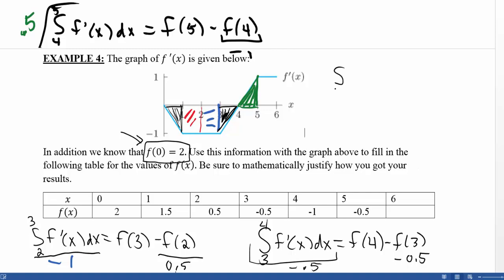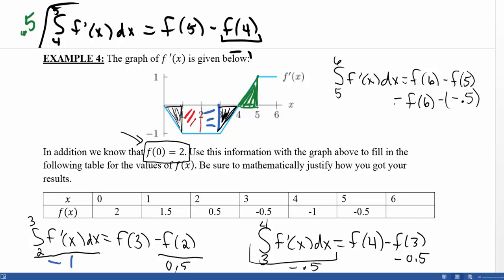So finally, last but not least, we need to find f of 6. So we can do the integral from 5 to 6 of f prime of x dx equals f of 6 minus f of 5. So f of 5 we know is -0.5. So here, let's do this one all the way out so you can see where the negatives cancel. So we have minus -0.5.